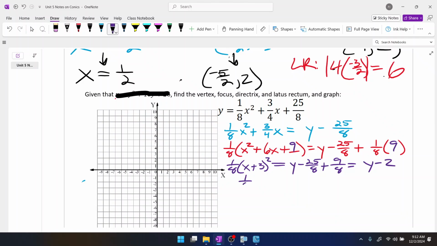So now you literally have 1/8 times x plus 3 quantity squared equaling y minus 2. Well, what we want to do now is multiply out both sides by 8. And you have x plus 3 quantity squared equaling 8 times y minus 2.